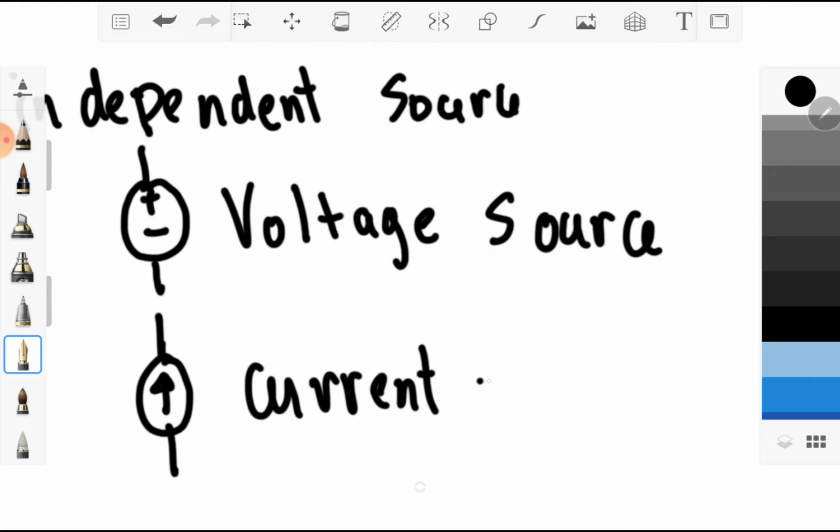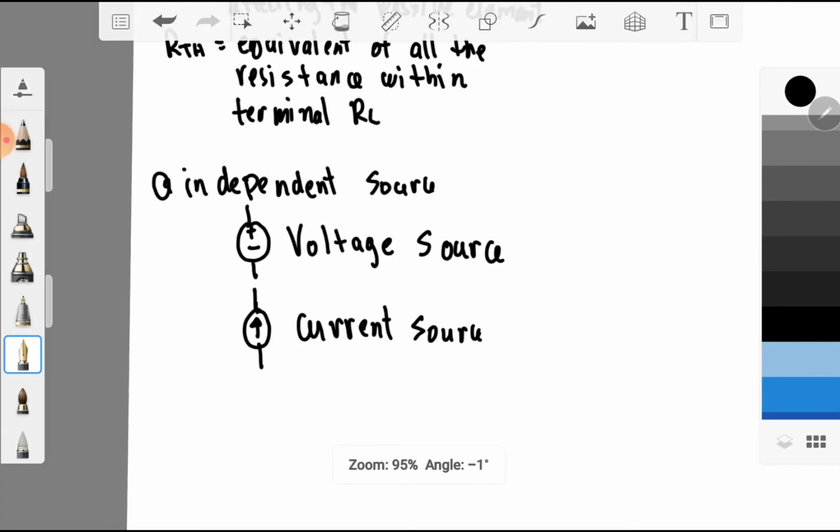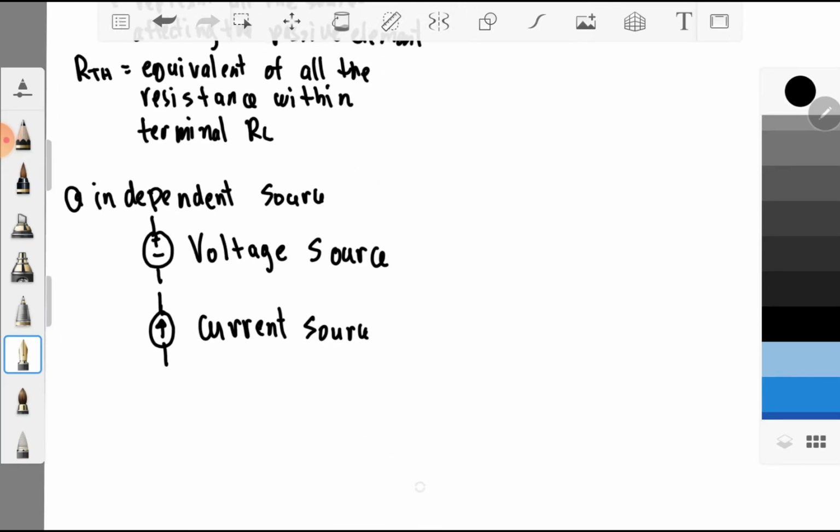When you are getting the value of your RTH, your sources will act as shorted for voltage source and open for current source.